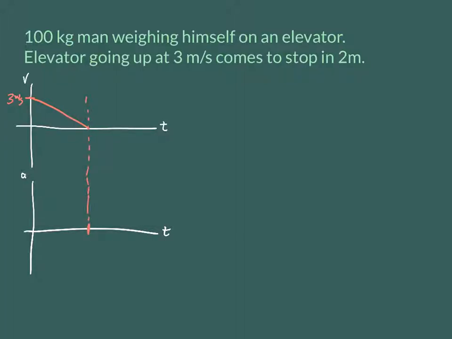And we know that this change in y was 2 meters. So that means 2 meters is going to be equal to 1/2 delta v delta t.